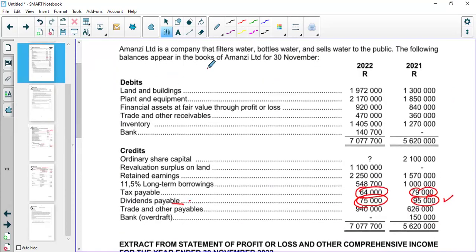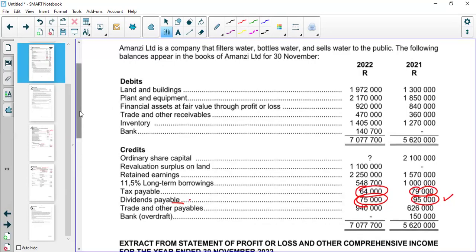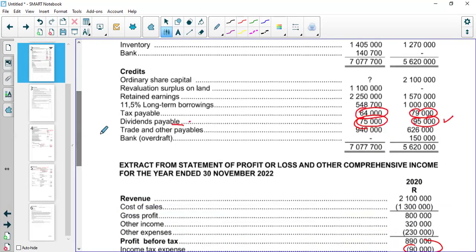Normally we would need an additional statement of changes in equity that shows dividends declared for the current year. Dividends payable, so we have 95. If we owed 95 last year and we owe 75 this year, it means we paid 20,000.